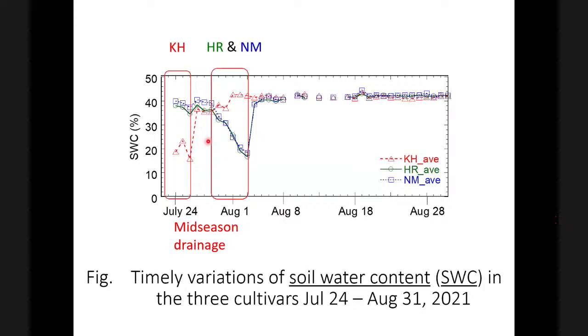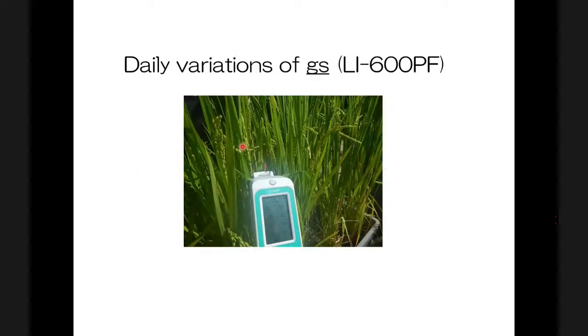The soil water content decreased like this. Forty percent can be said to be a very saturated condition, but then it decreased to 30% and up to 20%, a dried condition. Under such dry conditions, what happened? I will show by graphs later. Little by little, I will show the measurement results. First, the stomatal conductance, gs, measured by this instrument.